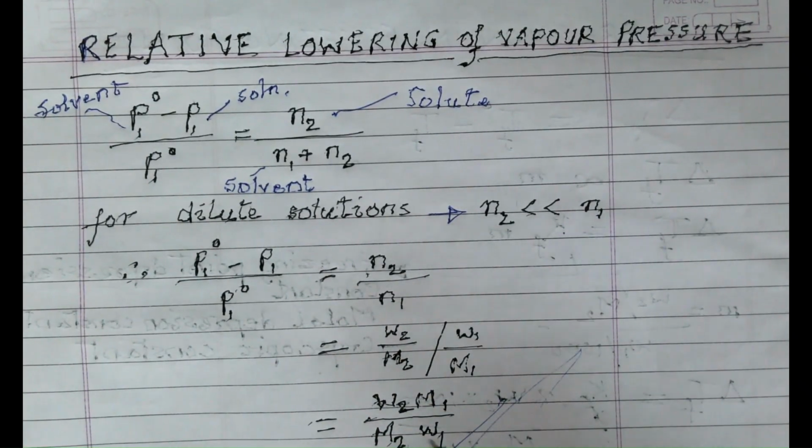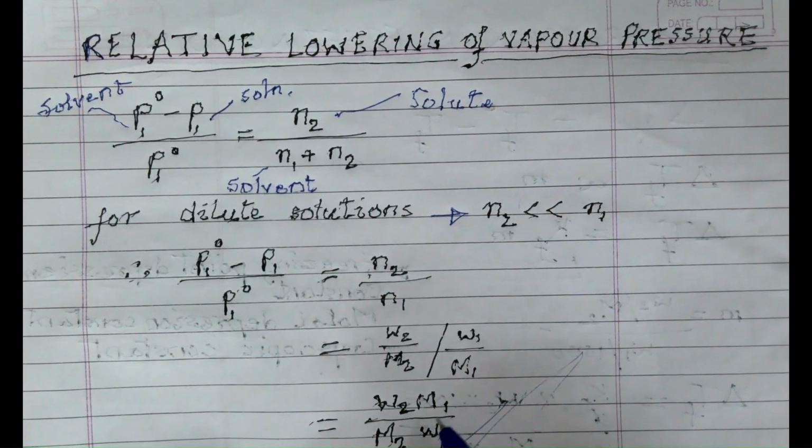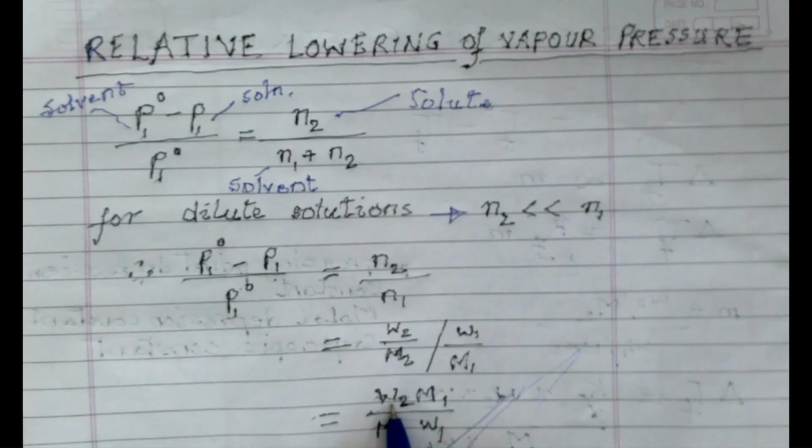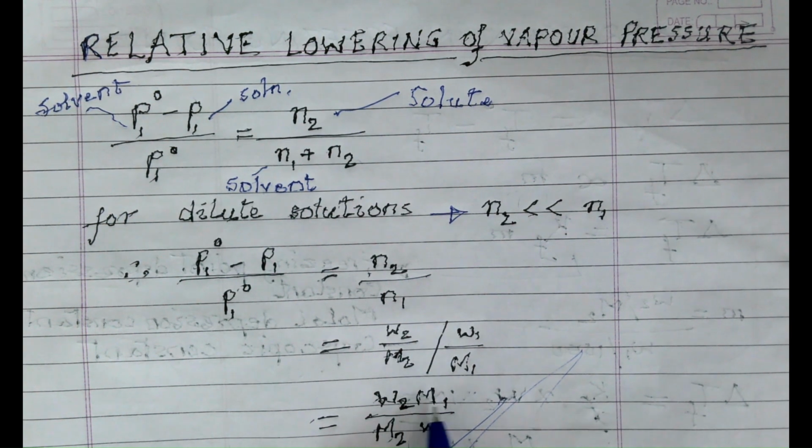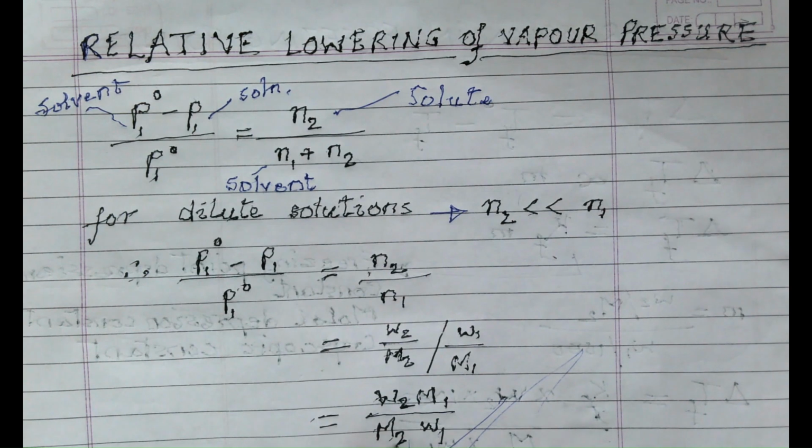On simplification, you get it equal to W2, the weight of the solute, into M1, the molecular weight of the solvent, upon M2 into W1, the weight of the solvent.